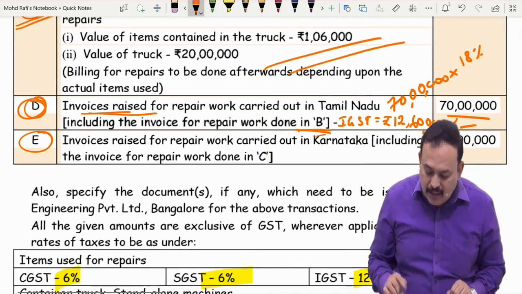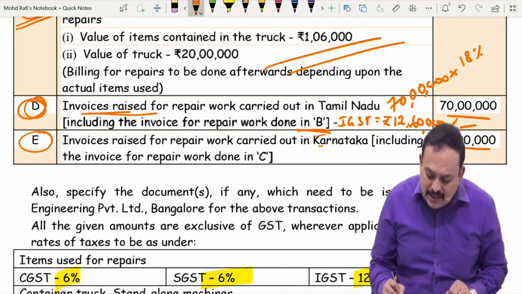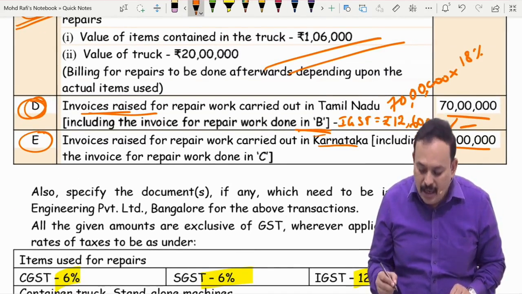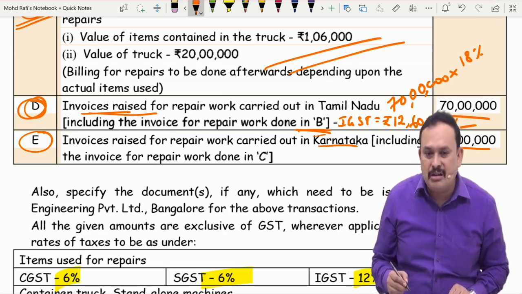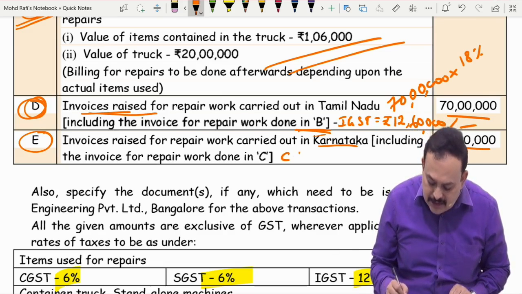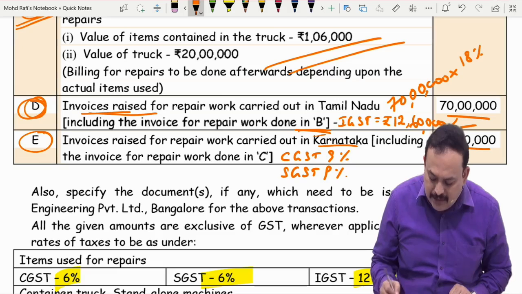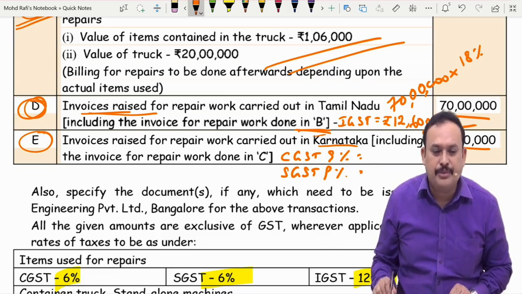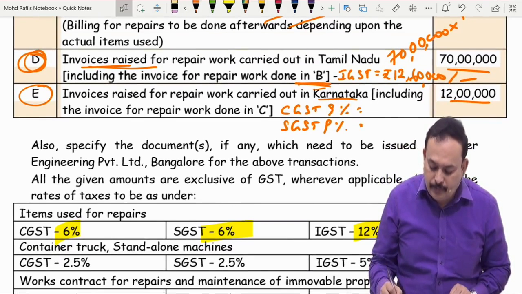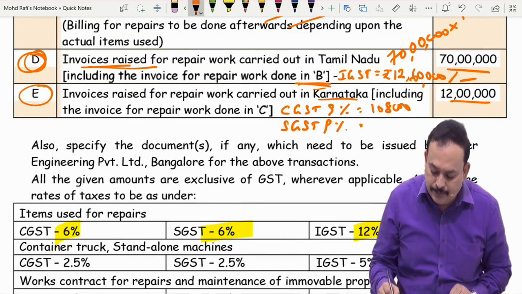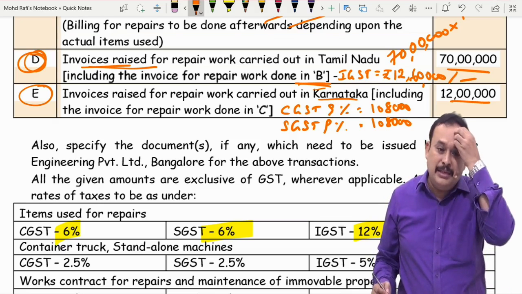Where they rendered it in Karnataka, supplier in Karnataka, it is an intrastate supply, also a works contract. Therefore, CGST, what rate? 9%. SGST, what rate? 9%. On 12 lakh, how much comes? 1,08,000 each.